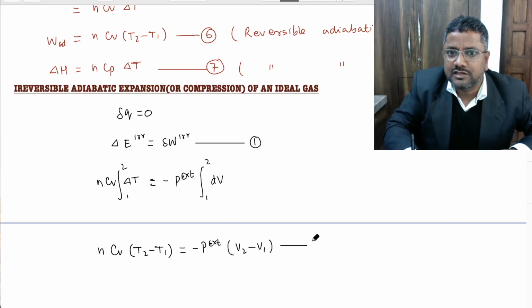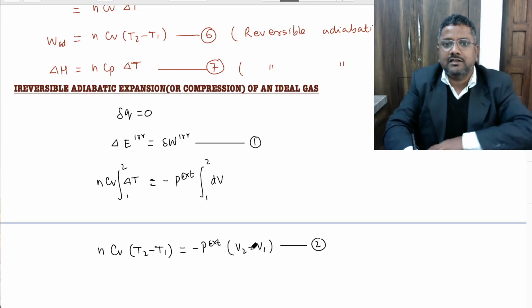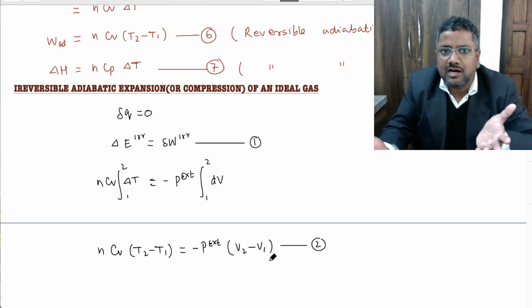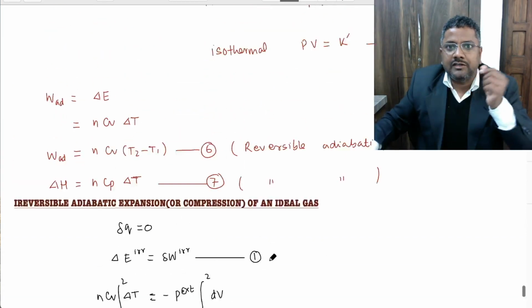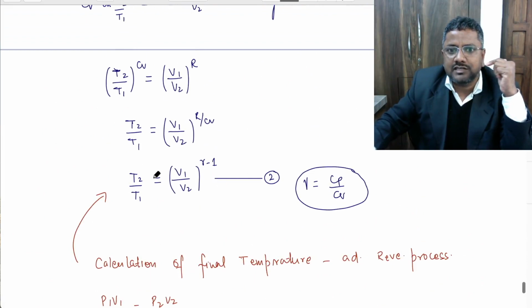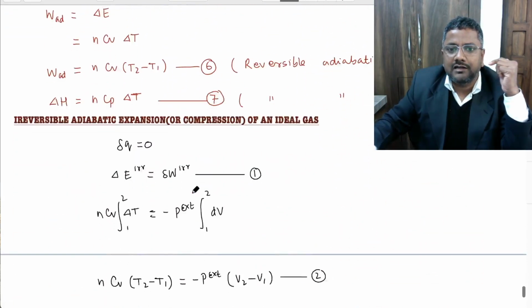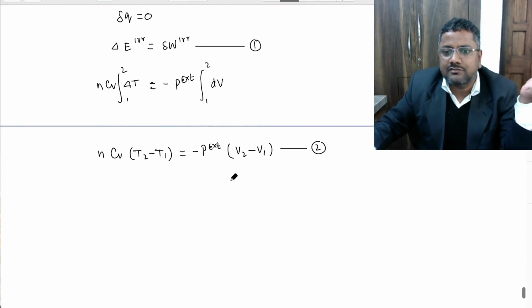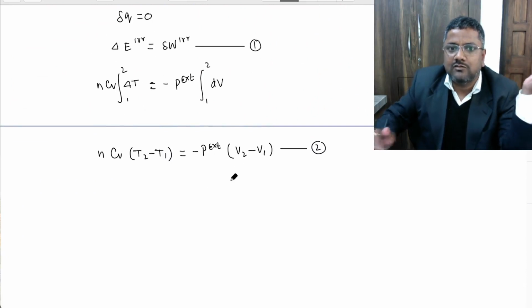By using this equation, you can calculate the final temperature of the gas if initial temperature and volume are given. So simple. There is no gamma here. You calculate final temperature in the reversible process by using one equation, and in the irreversible process by using this equation. And what about pressure?